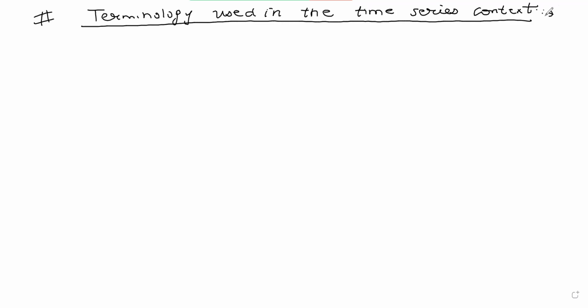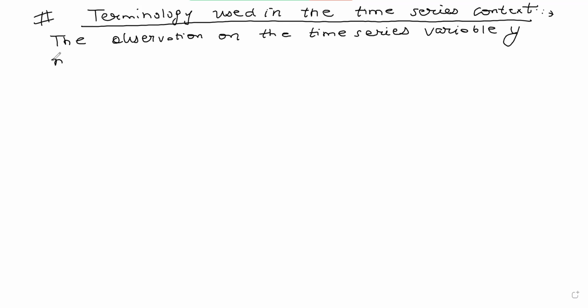Let's look at what kind of terminologies we will be using very often now. The observation on the time series variable y made at the date t is denoted by yt. So yt denotes the value of the variable y at the date t.